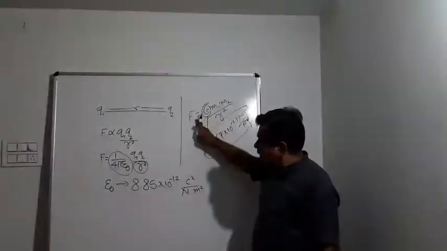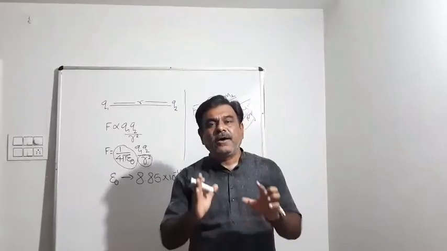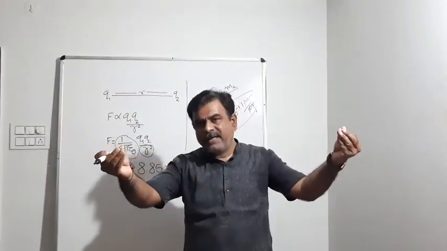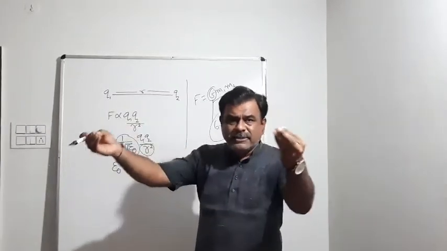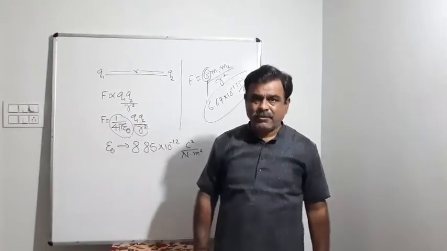So gravitational force between two masses is independent of medium. Whether two masses, let's say Earth and Sun or any other planet, are in free space or in some medium, there will be no change in gravitational force.